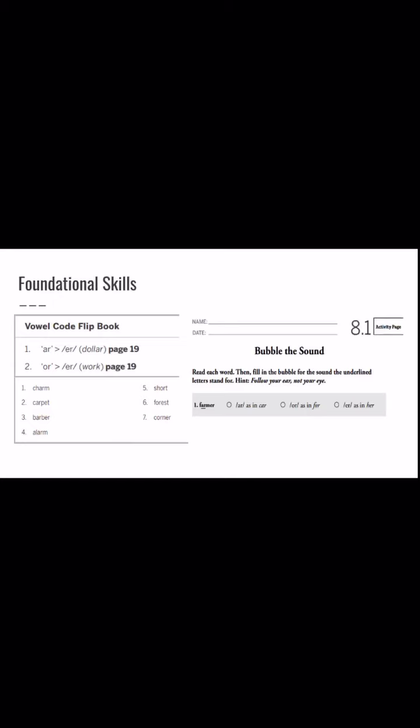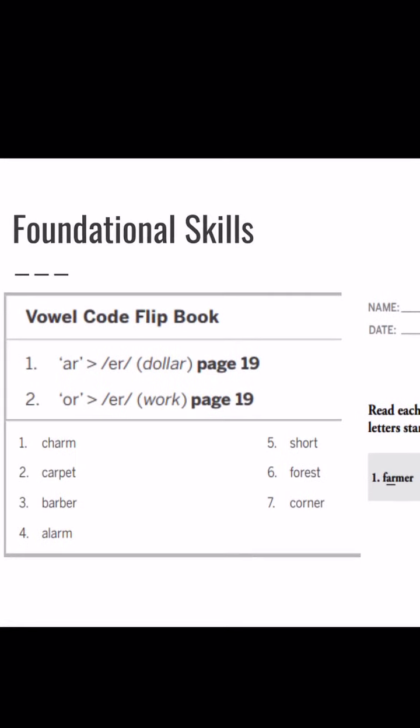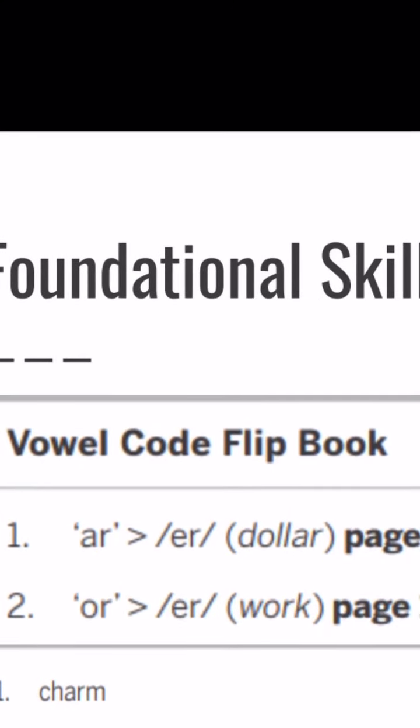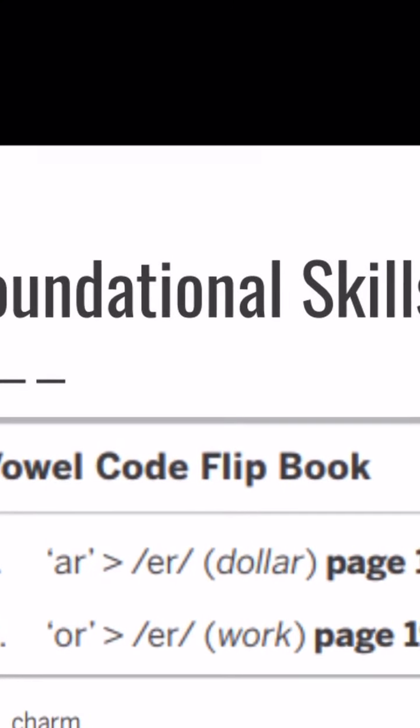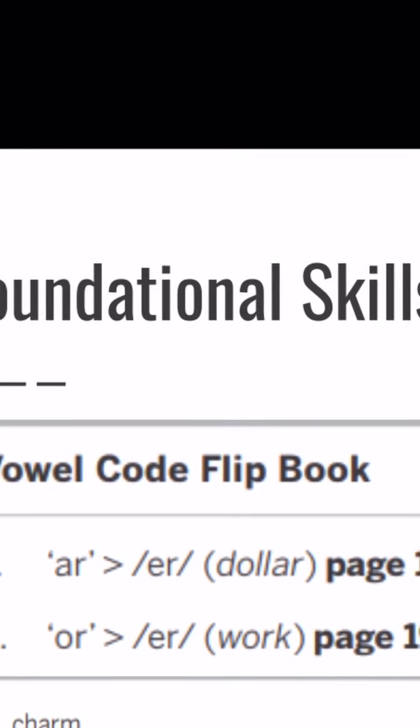You can stop the video now and read that chapter before this worksheet, or you can do everything at the end. This brings us to AR and OR. Okay, let's take a look at our vowel code flip book. Right here we have AR making the sound, for example, in the word dollar.